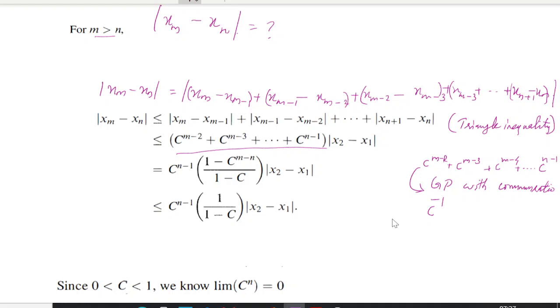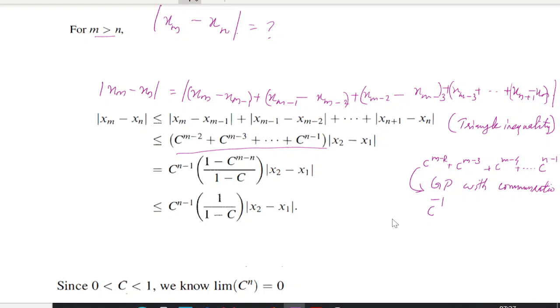So this will form a sum. How many terms are there? How many terms? m minus n minus 2 terms, right? So this much of terms. So it will form the sum of the first n terms of a geometric progression, by using the formula a into 1 minus r raised to n plus 1 by 1 minus r.